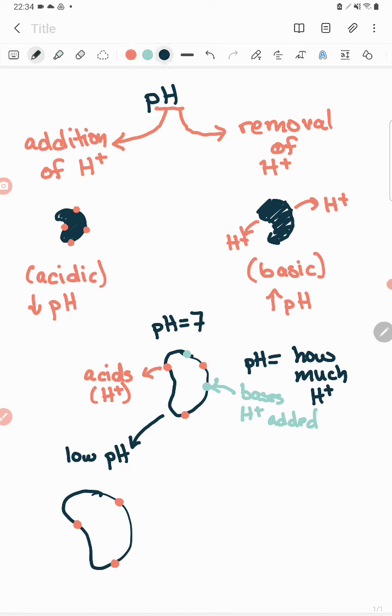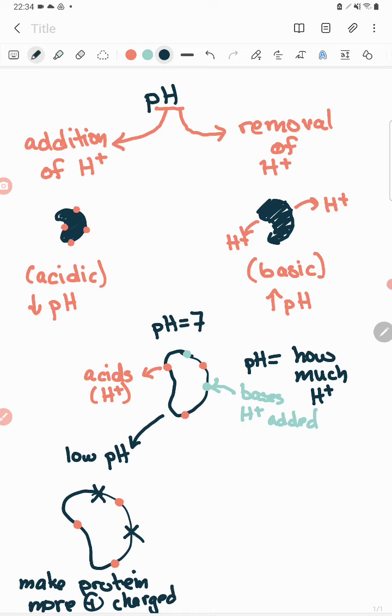So you remove, when you're going to the low pH, all of those basic residues, and by doing this, you are actually going to make the protein more positively charged. And it's positively charged in specific areas.